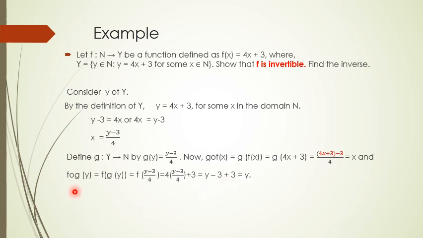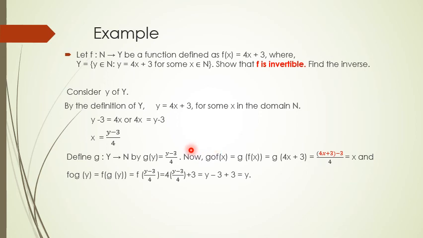Similarly, we will find f of g. Here also, by simple calculation, we get y. That is, f of g of y equal to y for all y in the domain of f of g, which means that f of g is also an identity function.